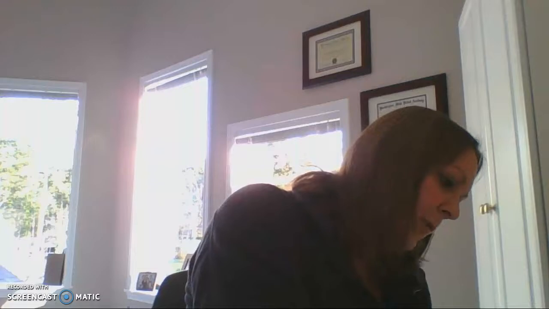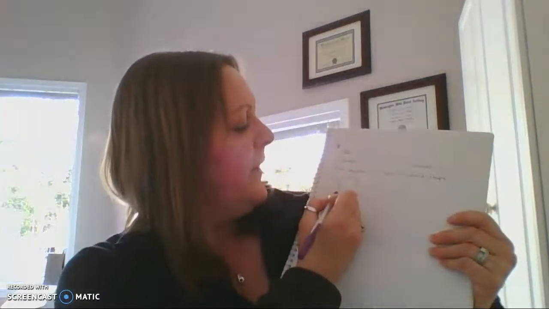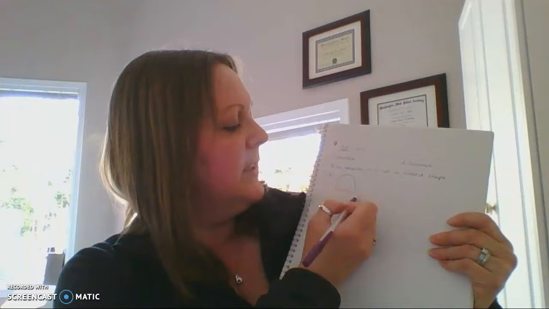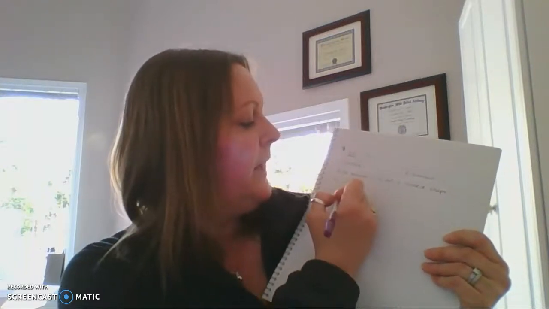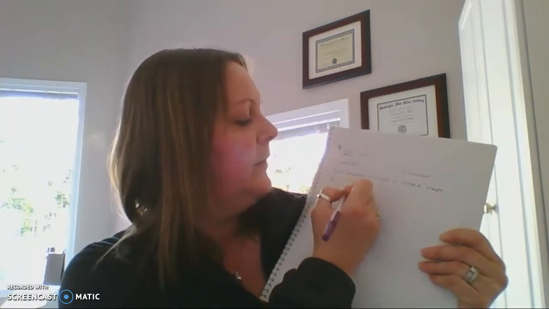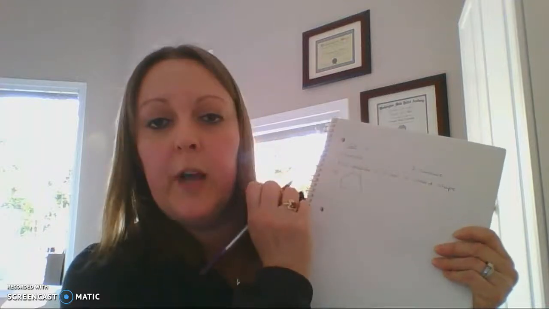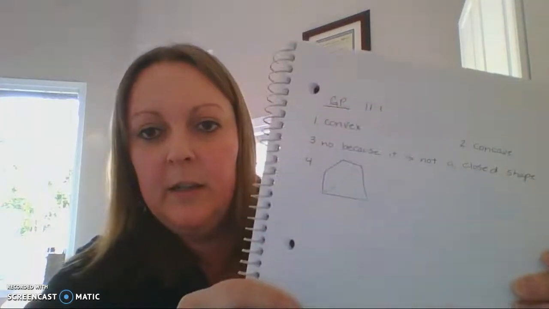So when I look at this, I have to figure out the diagonals of this shape. So, oh, I did not write 11-1 on the top, so I'm going to forget what lesson I'm on. So if I go here, this vertex is connected to this one already, so that doesn't need to go anywhere. But here I am going to draw the diagonal to the other corner, angle, or vertex.